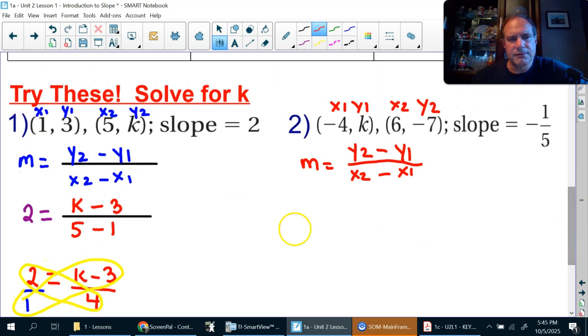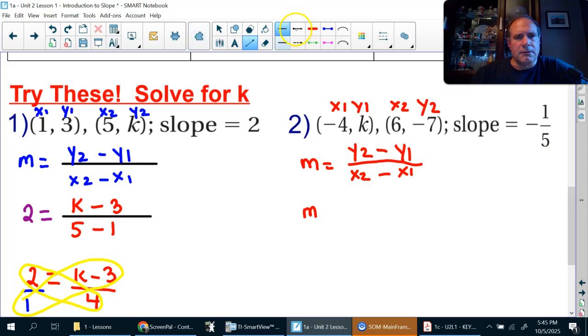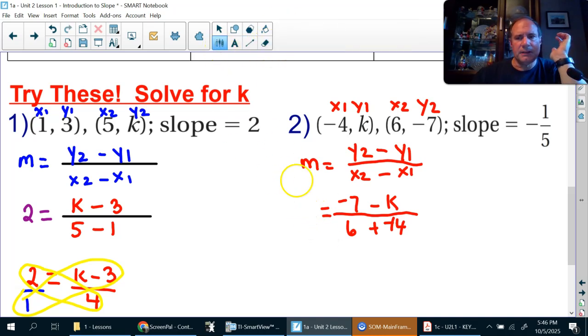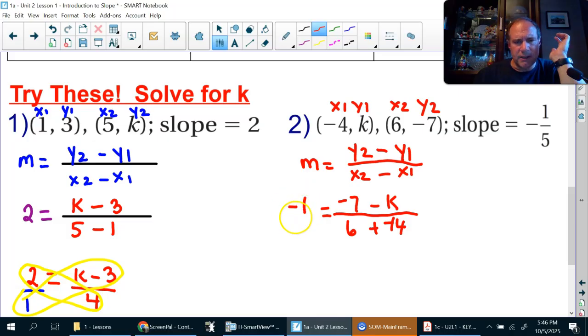Let's go down further and put m equals y2 is negative 7. Put the minus sign in the middle. k. 6 minus a negative 4. Put the plus signs. Just remember that m is negative, and you can put the negative 1 over 5, just like that.